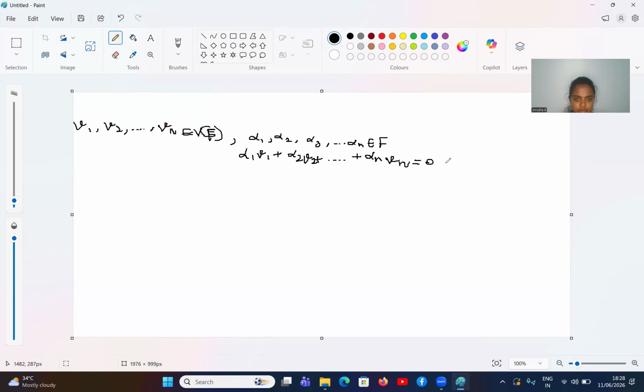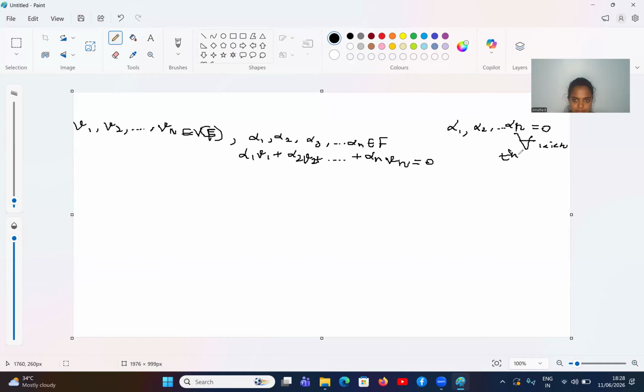Then we have to prove that alpha i equals 0 for every i varying from 1 to n.